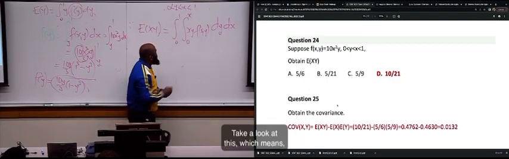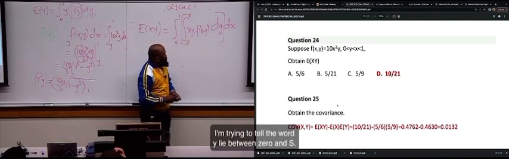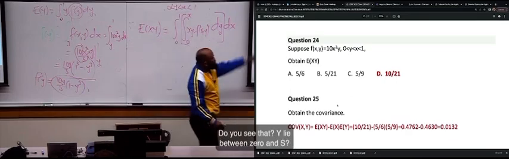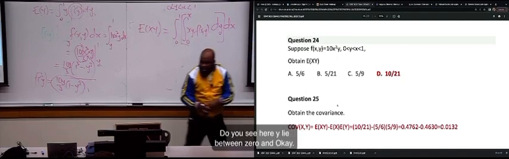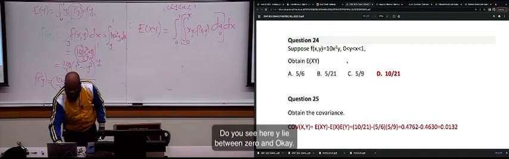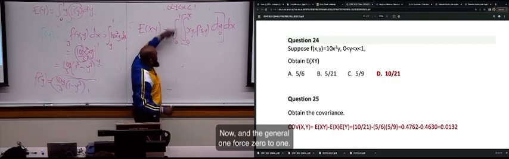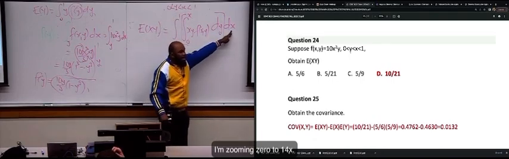What am I telling the world here? I'm telling the world y lies between 0 and x. And for the general one, I'm assuming 0 to 1 for x.